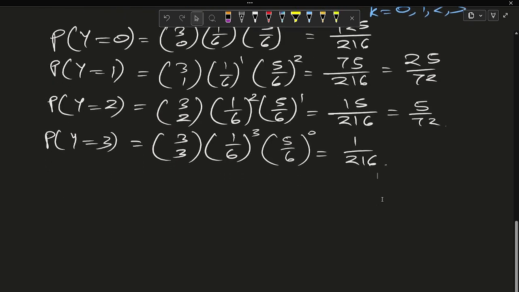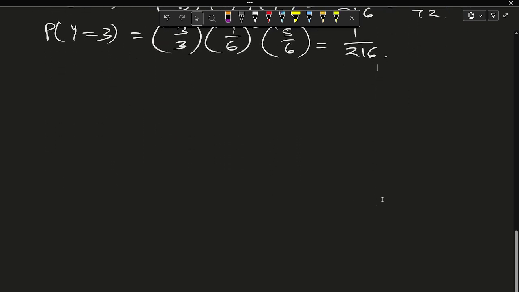Okay, so now we have to compute the probability of this thing. So we have to calculate now this thing, that is greater than. So we sum the probabilities where my X plus 2Y is greater than 1.